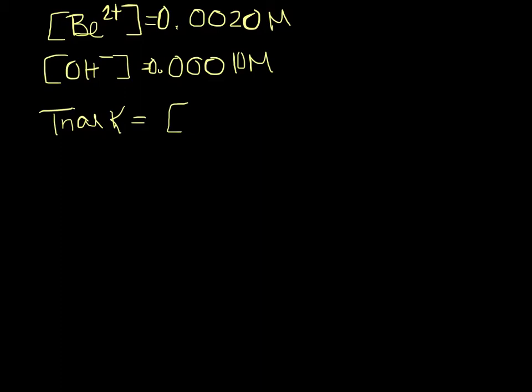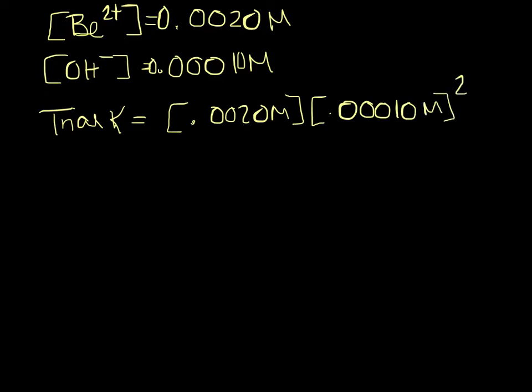So that is the concentration of beryllium, 0.0020, times the concentration of the hydroxide ion. And if you remember in our formula, the second term was squared. So my trial K is going to come out to 2.0 times 10 to the negative 11.